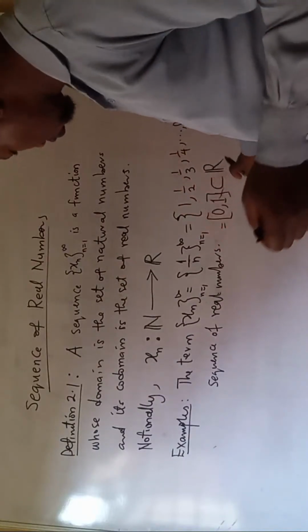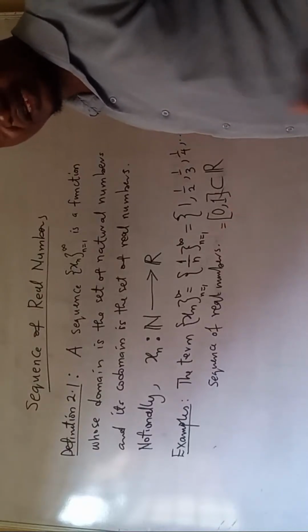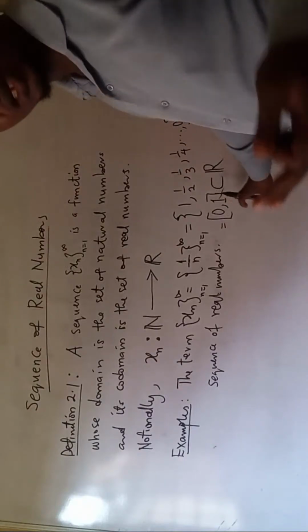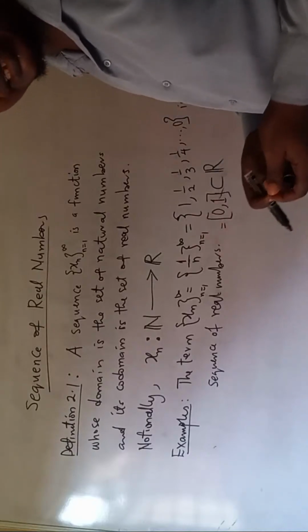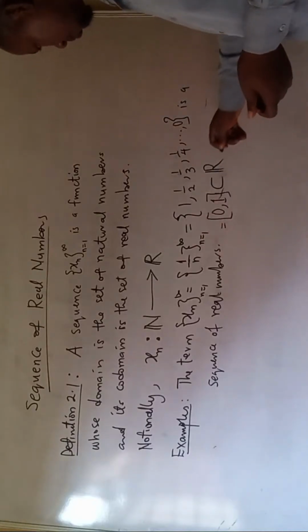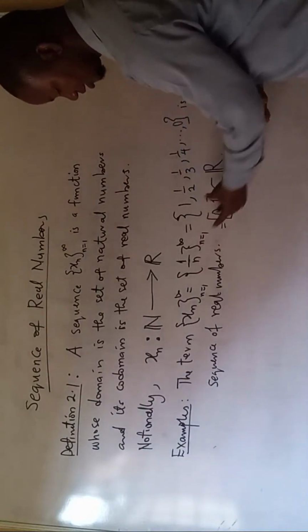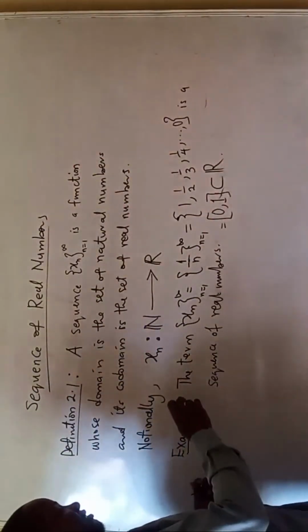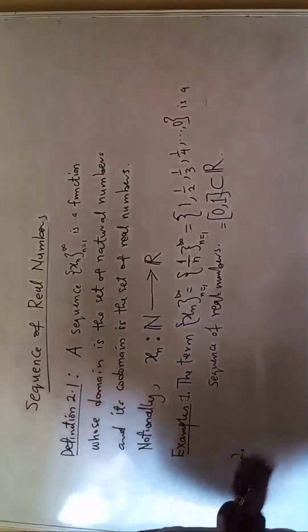For example, if you want to know the infimum of this interval, already we know the infimum will be 0, the supremum also, and you can consider other things there. Where we are going is that the entire sequence is embedded in R. So let's take this as example 1. Now let's see example 2.